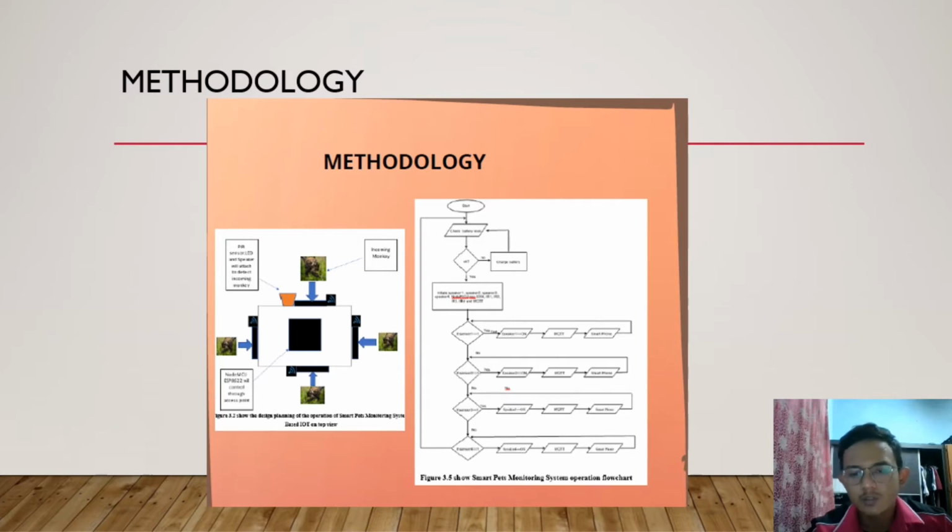If not, it goes to sensor 3, and if it still does not detect anything, lastly it goes to sensor 4. This system will repeat until it detects something, which is an animal or human.